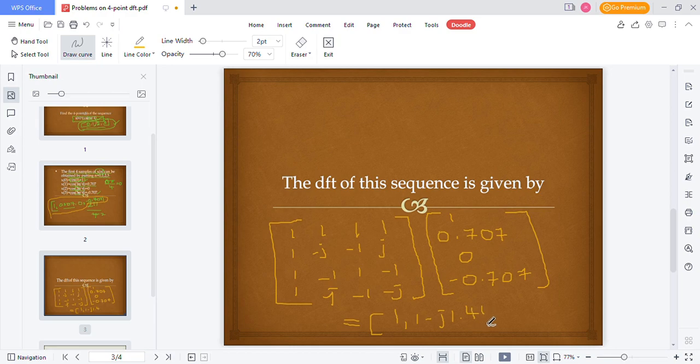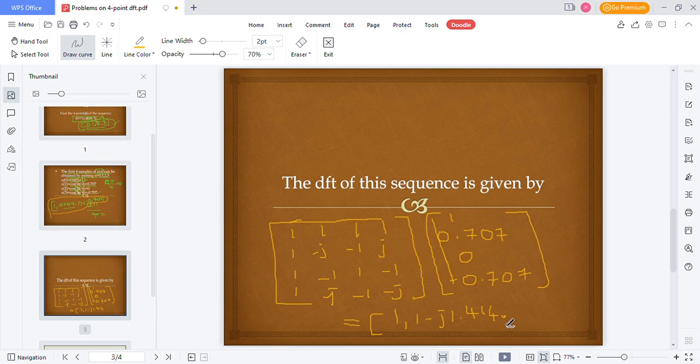How to solve it is, you take this whole thing and multiply it with this. That is 1 into 1, this is 1 into 0.707, this is 1 into 0, and this is plus 1 minus 0.707. How you do this, I'll write it on the top, okay? Yeah, so I'll write the resultant first.